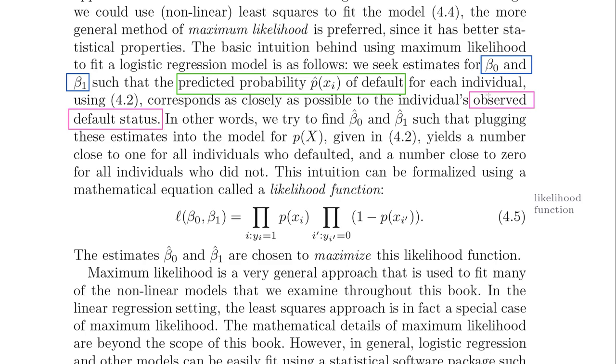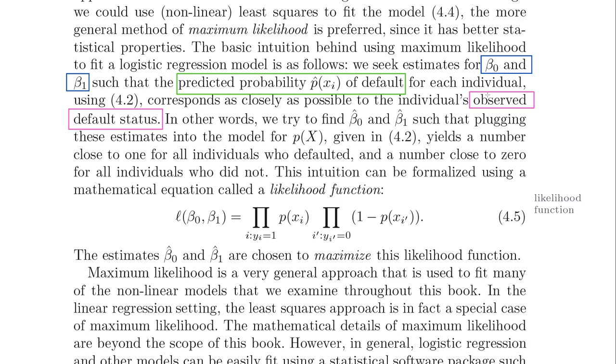Your actual is the pink. You will have this data for your training set. The green is what your model is predicting, but we're going to pick a beta naught hat and a beta 1 hat that best have the green and the pink approach each other.